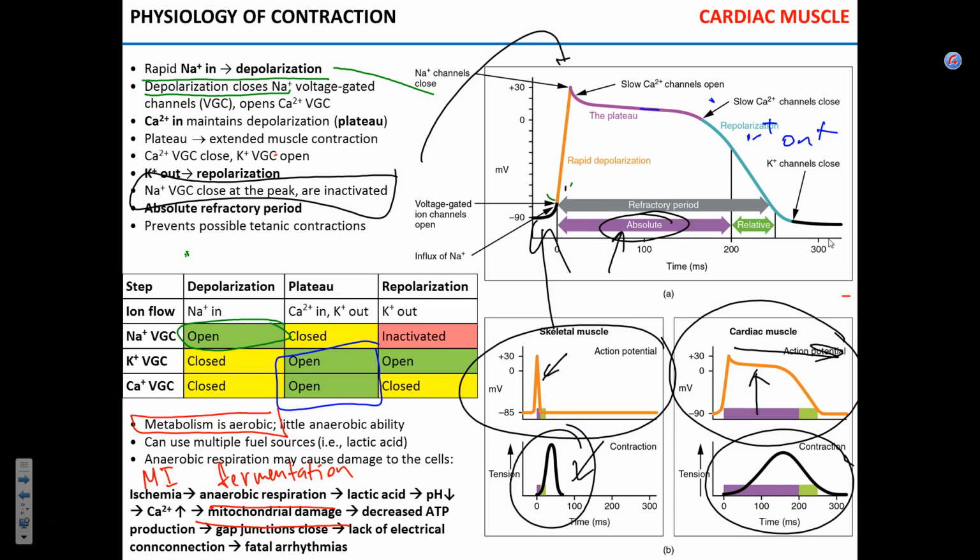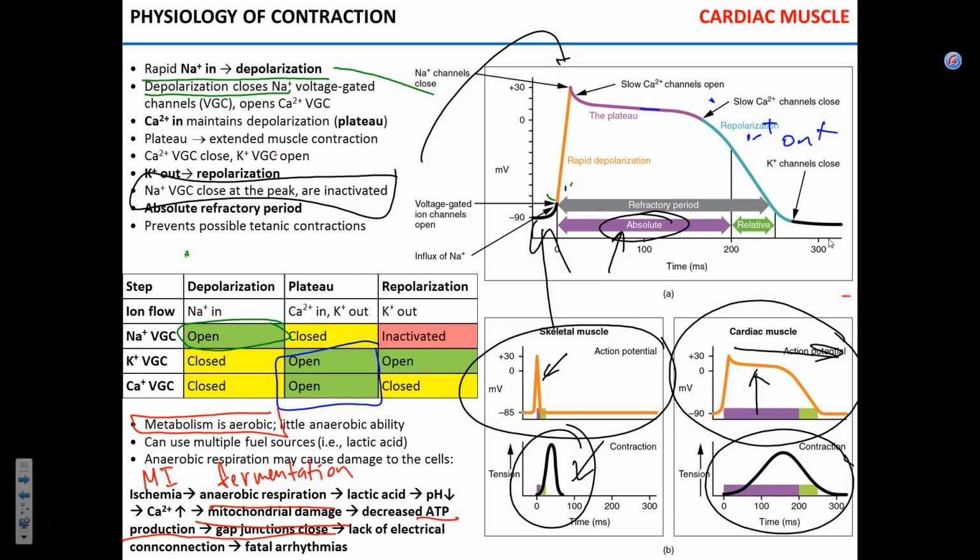Now, if mitochondria are, quote-unquote, broken, they cannot produce ATP, and decreased ATP production leads to the closure of the gap junctions between the cells. And when gap junctions do not connect cardiomyocytes, they become contracting asynchronously.